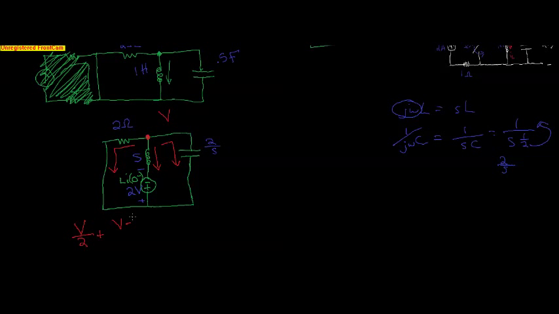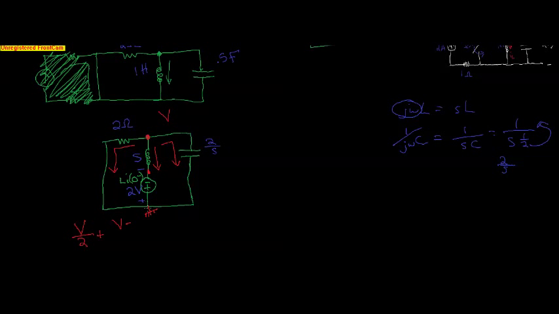We're looking for the current flowing through this branch. That would be this voltage minus this voltage divided by this impedance, which is just s. This voltage is defined because our ground is right here, so this is 0 volts, and we have this plus 2 volts.